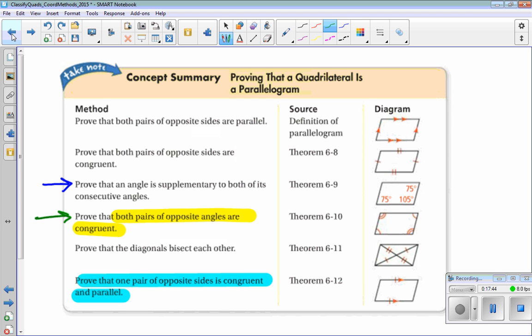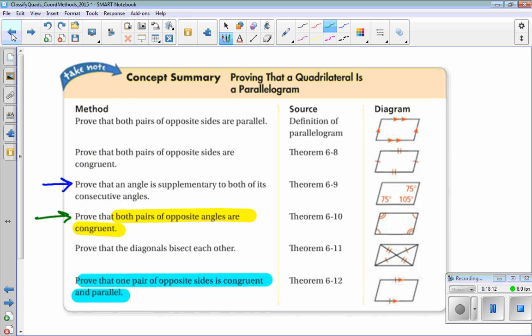Which one of these is the reason? The same pair is marked both parallel, and we can set them equal to each other so that they would be congruent. Which one of these theorems is it? Jason? The last one. That one: the same pair of sides is parallel, and that same pair of sides has to be congruent.